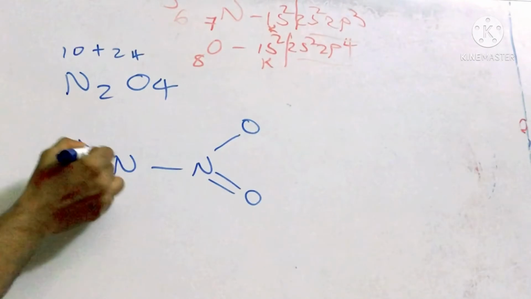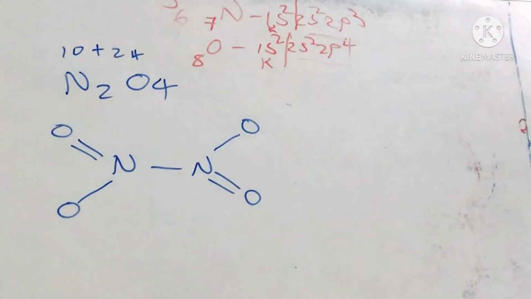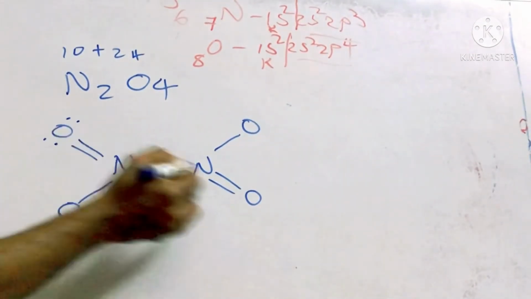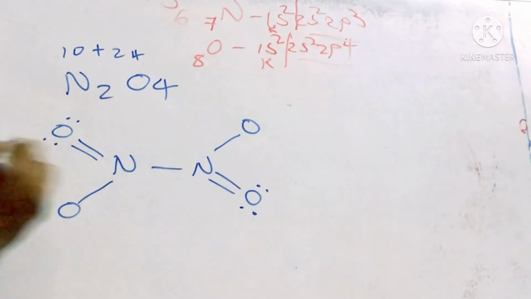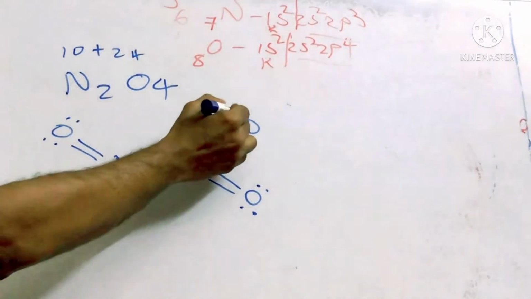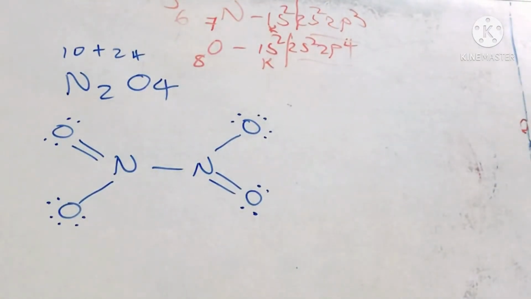Clear? So I can put 2 oxygens here like this. So one double bond, remaining 2 bonds. Wherever you have a double bond, you put lone pairs. Here also you put lone pairs. And here you can put 3 lone pairs.